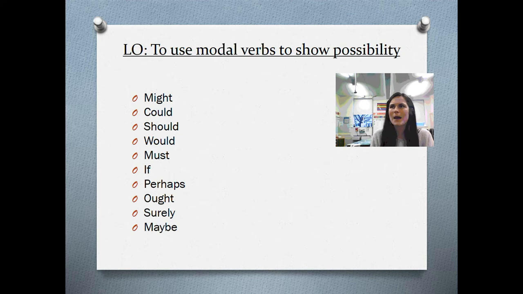So think about you wanting to do something and your parents going, oh, maybe we'll do that. But if they said to you, oh, we must do that, you know that actually it's going to happen. But maybe might be a slight chance of the word no coming your way. So you need to think about the levels of possibility you want to show.